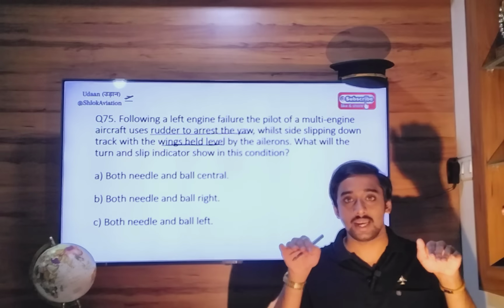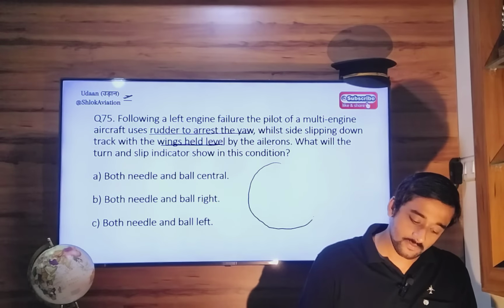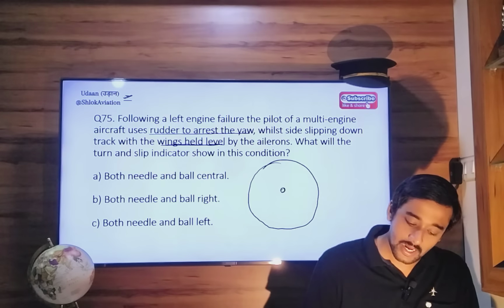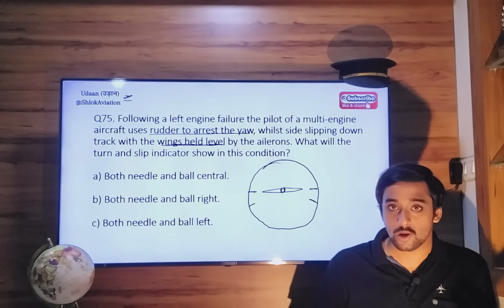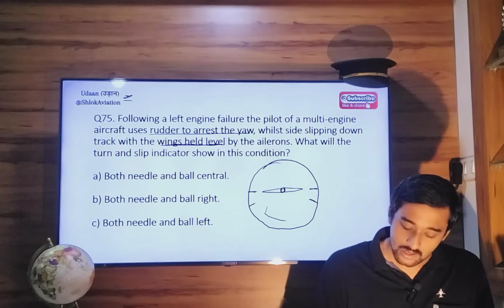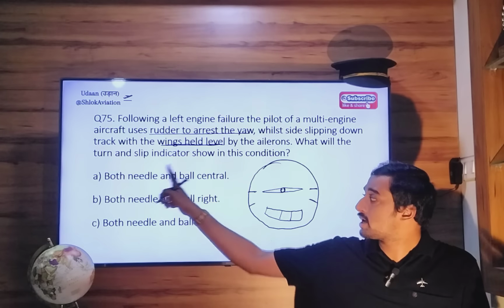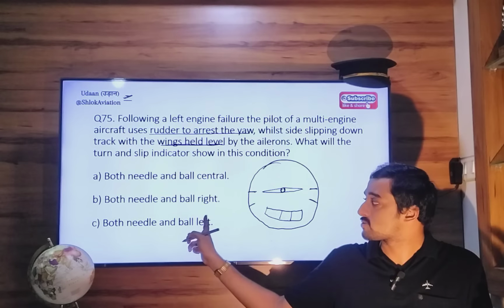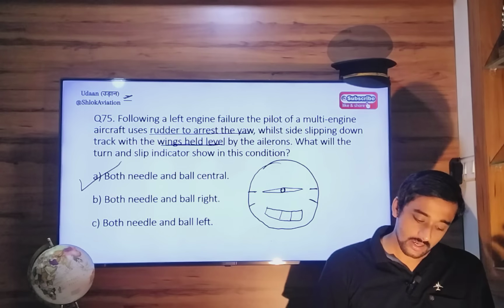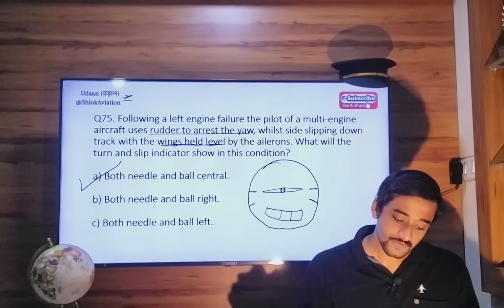So if wings are held level, that means the turn coordinator miniature aircraft will also remain level, because wings are level. So that means the needle will remain in the center. So the correct answer is option Alpha. Since wings are held level, the needle will also remain in the center position.